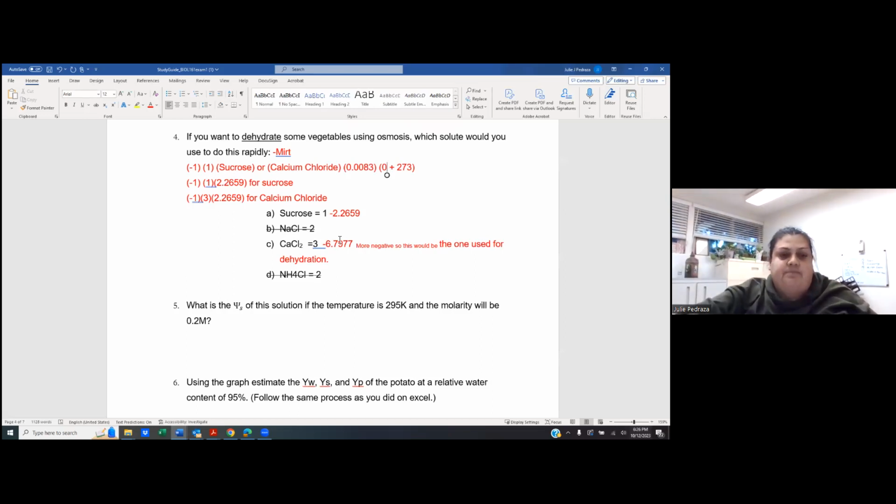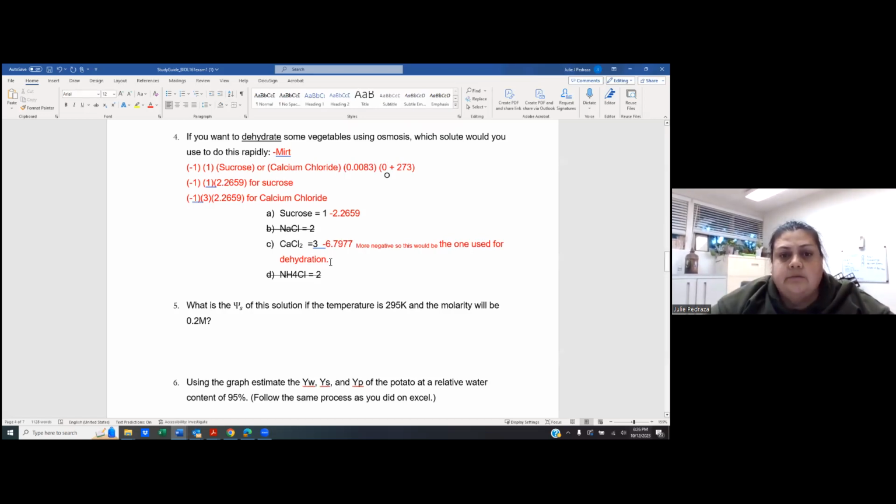So this question is saying, based off our answer, how do you solve for this? Okay, so now this is the ionization. The ionization is calcium chloride at an ionization of 3.